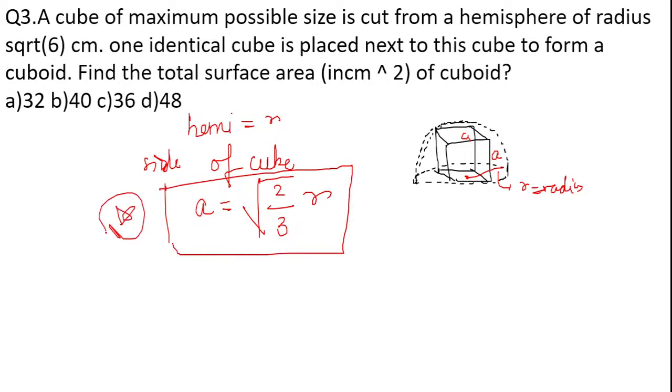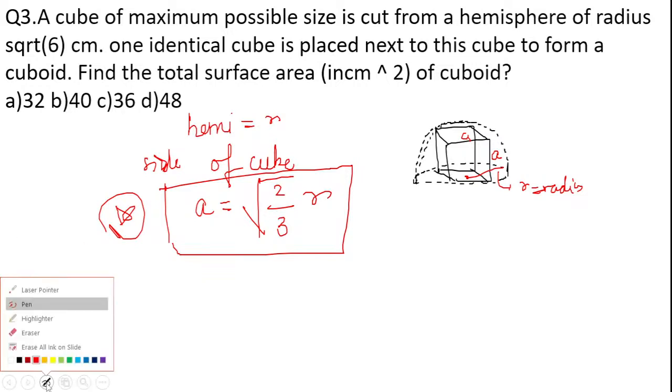What is it? When a cube is placed inside a hemisphere with radius r, then the side of the cube can be represented by under root of 2 by 3 r. So based upon this formula only, we have to solve the question now.